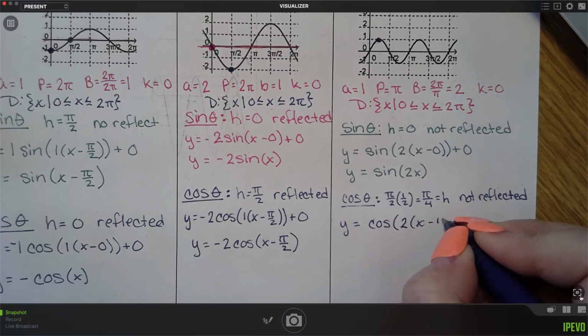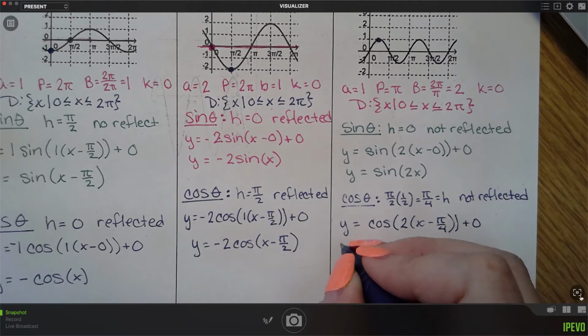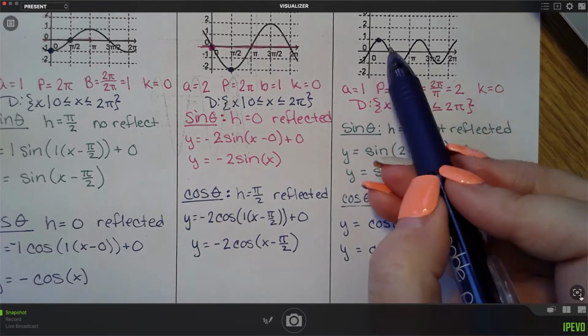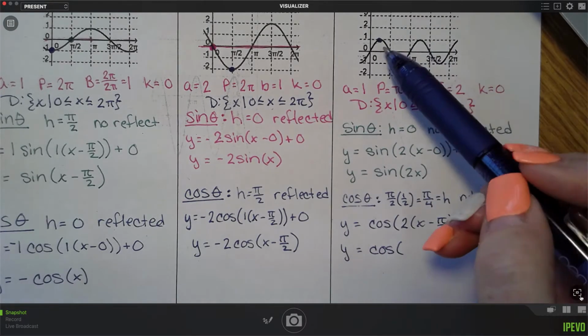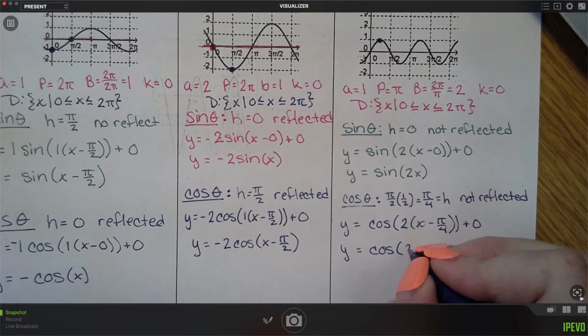When you're doing the domain, is it just the last number on the graph? Yep. It's the last of the picture, not the period. It's not the period, it's the domain. It's the x's that I'm seeing.